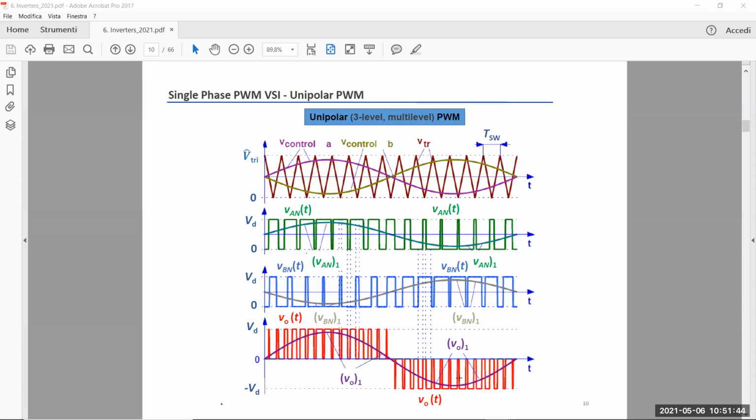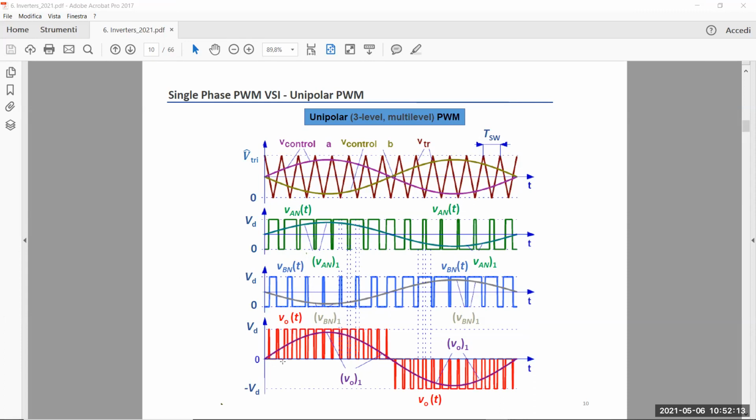The standard consideration is the one that we already had for the DC-DC four-quadrant converter. The switching frequency of the output waveform is twice the switching frequency of the switch. You can see that in one period of the triangular voltage, you have 2 pulses, so the frequency at which V0 commutates is twice.